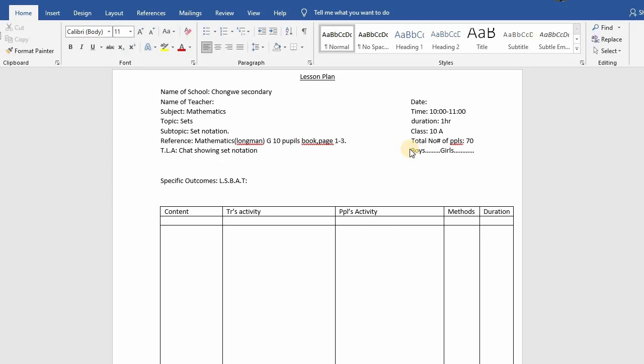That is the total number of pupils. As a teacher also, you are supposed to have your own register, so that you can be knowing which learner is not in class, which learner is in class. And then you are supposed to also know the number of boys in class and the number of girls in class. So such information is very important for you as a teacher.